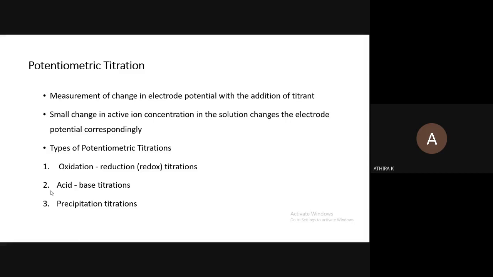And which is the reaction during acid-base titration? Is it oxidation, reduction, precipitation, or anything else?